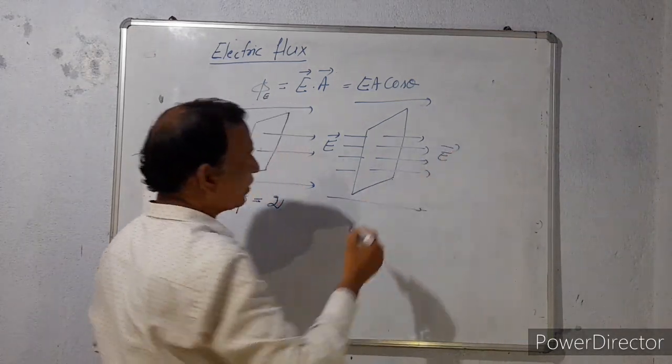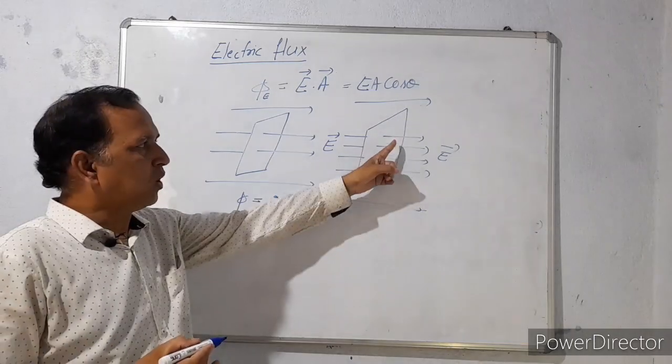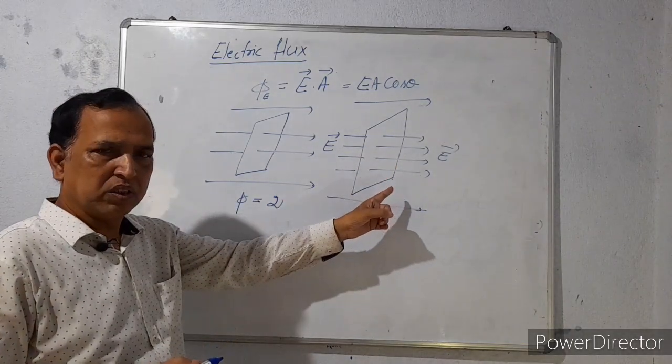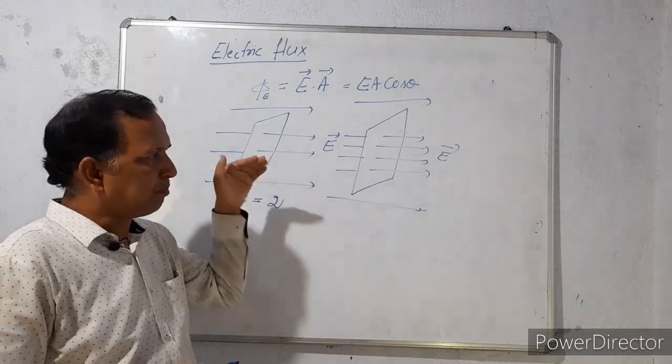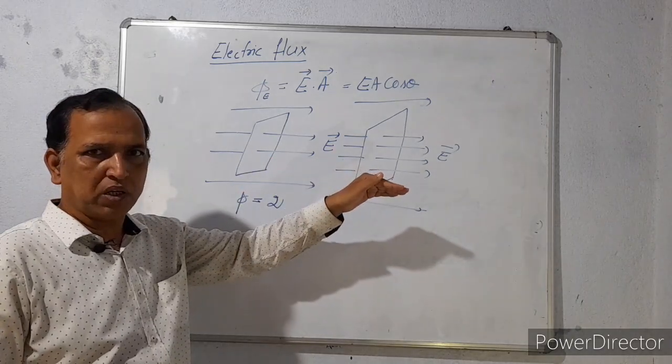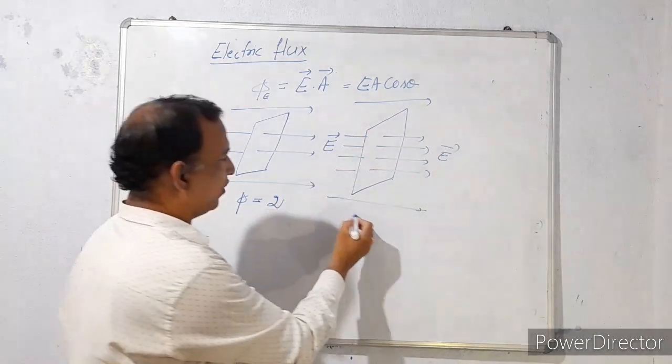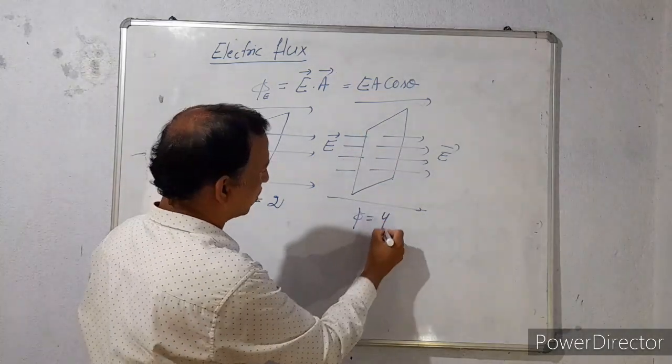so in this case 1, 2, 3, 4. So 4 lines passing through the area perpendicular to the area and E. Both are perpendicular. So value of flux is 4.